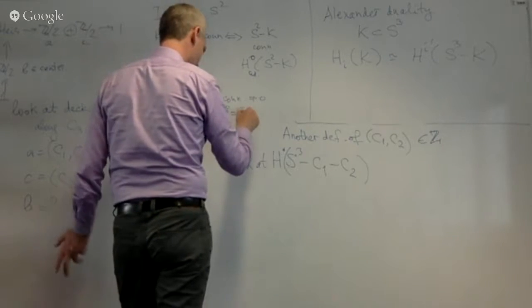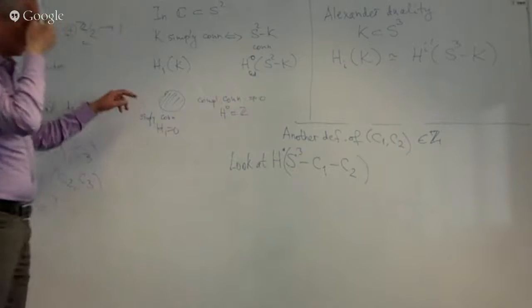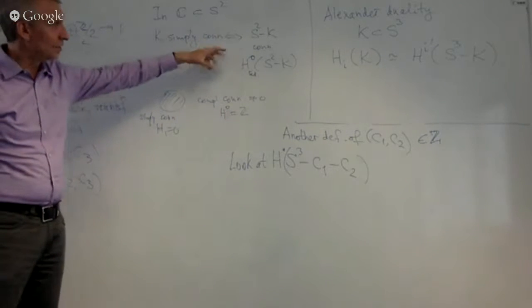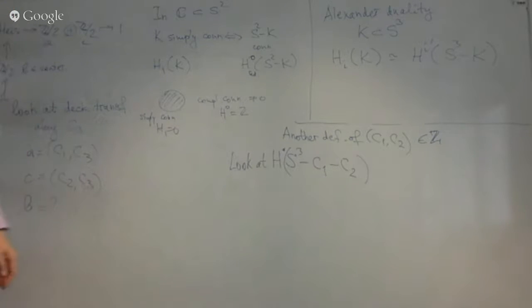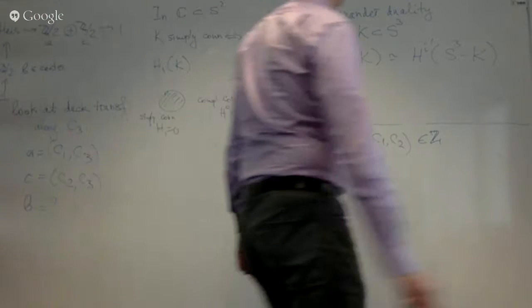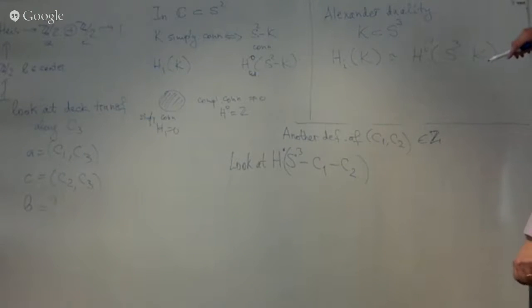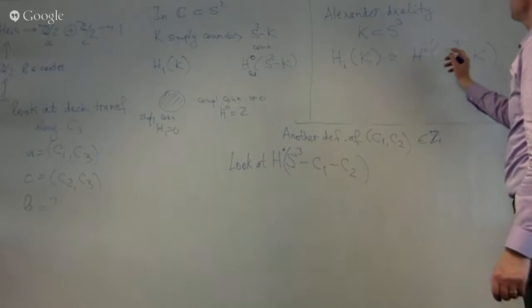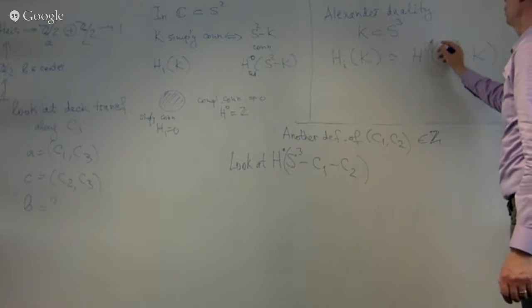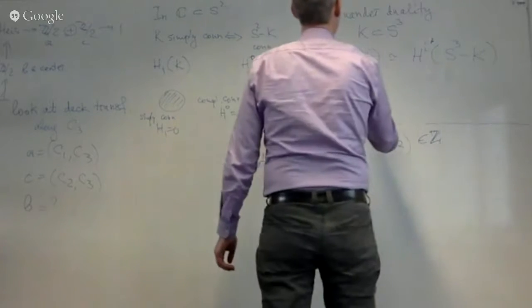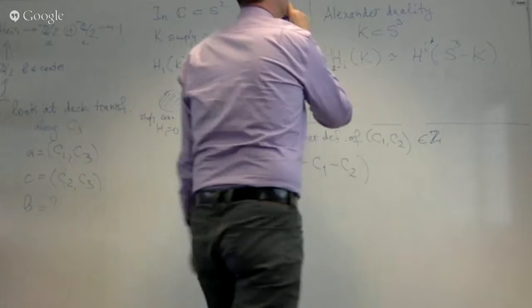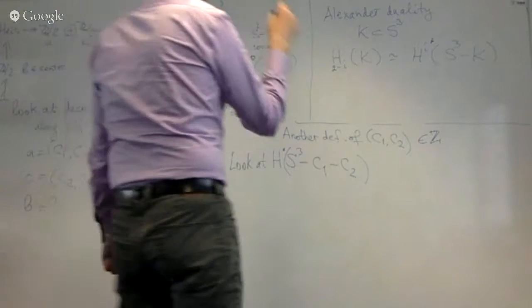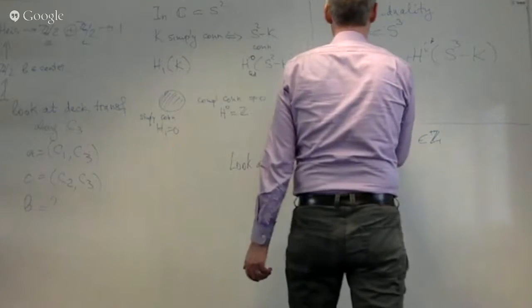H0 is one-dimensional, but it matches up to removing this one-dimensional thing. Therefore, Hi of S3 minus K would be something like H2 minus i. So let's set it properly.